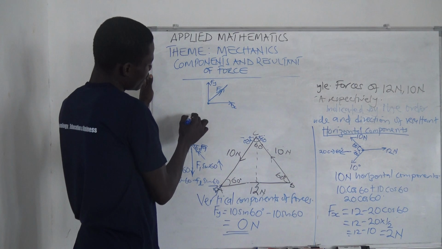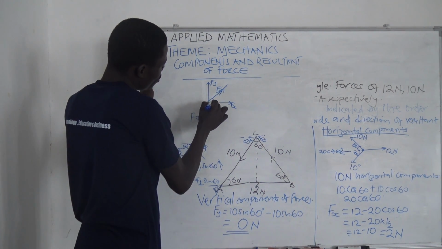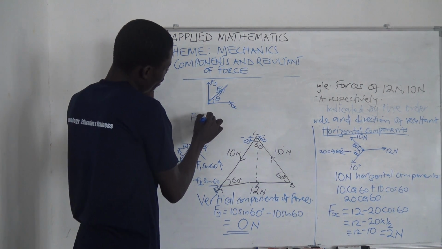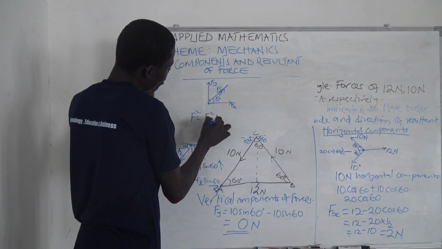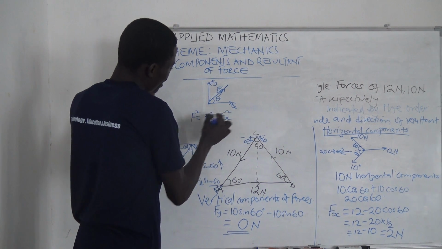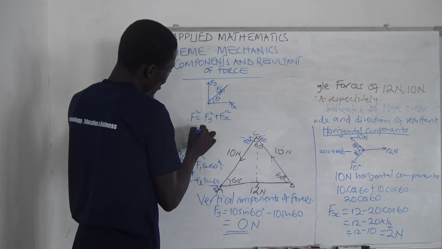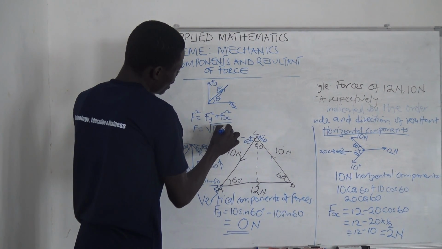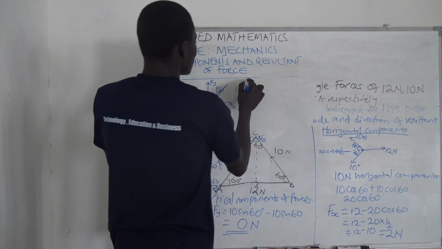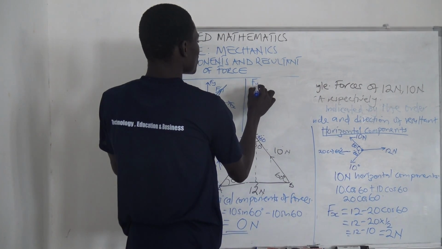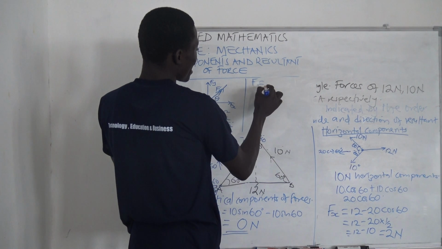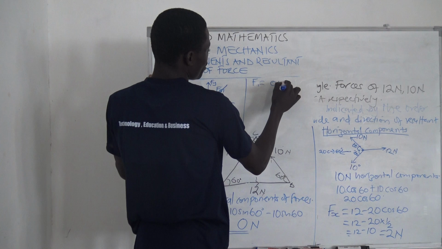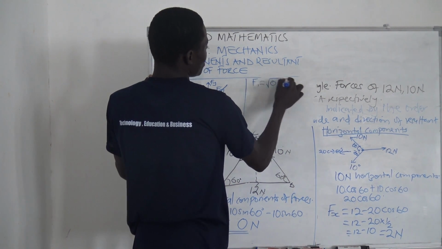So this one is our f, at an angle theta. Our f equals the square root of f of y squared plus f of x squared. So our f of y is 0, plus f of x squared, which is 2 squared, under square root.